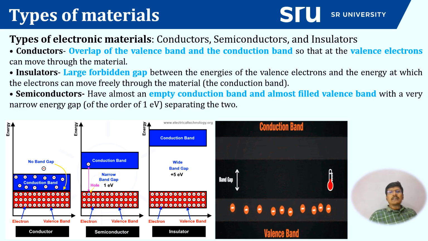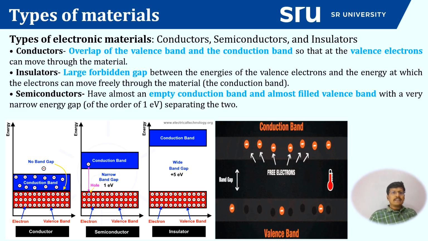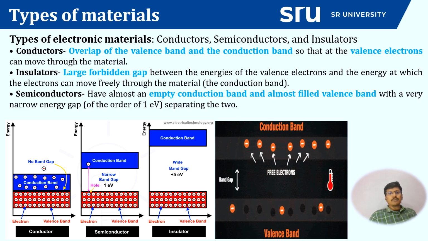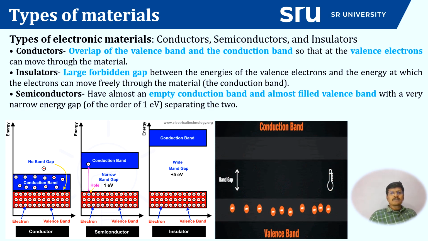This controllable conductivity is the reason why semiconductors became the foundation of modern electronics. Every smartphone, laptop, computer processor or chip, memory chip, LED, solar cell, and communication device relies on these semiconductor materials.